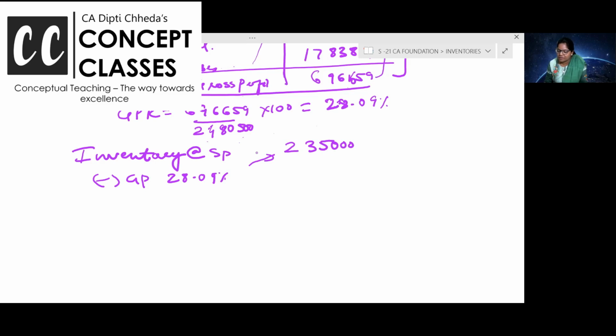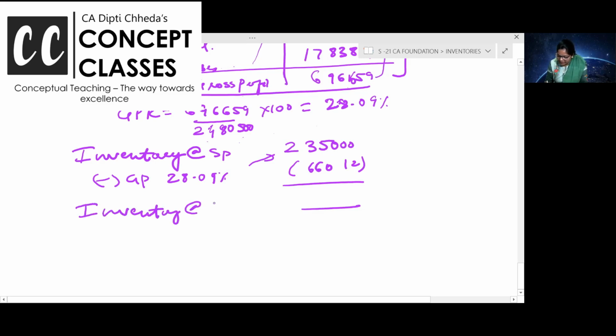This is the profit, 66,012. And now what do you get? Inventory at cost, 168,988. That's why this is called the non-conventional method. From the selling price, you are getting the profit.